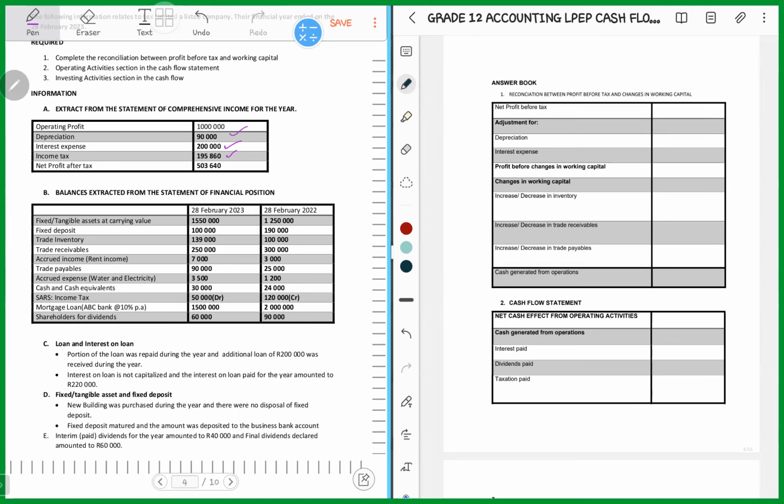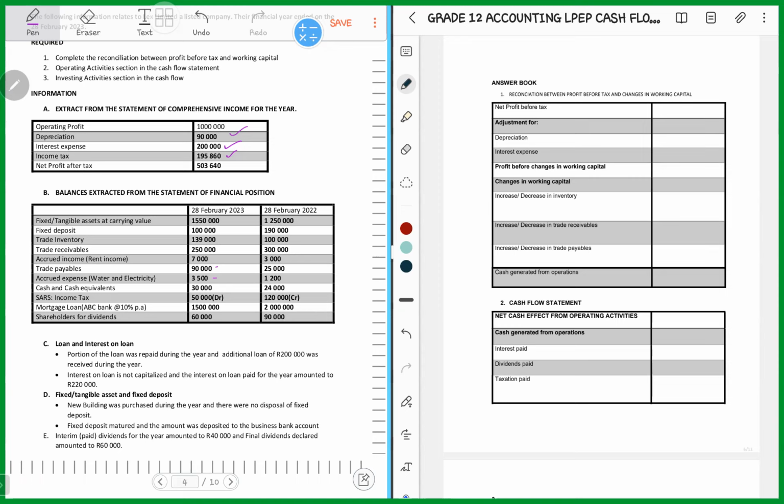Then we also have trade payables. At the beginning of the year, it was 25,000. Then when the year ended, it's 90,000. We also have accrued expense. It's 1,200. Then it's 3,500 at the end.